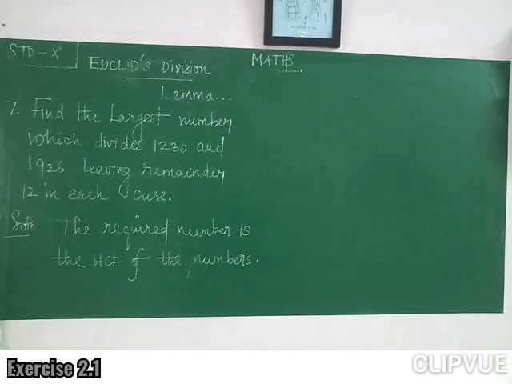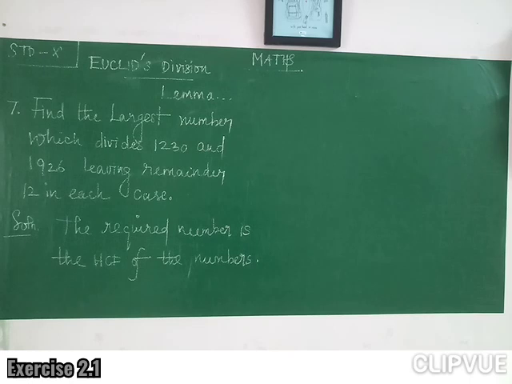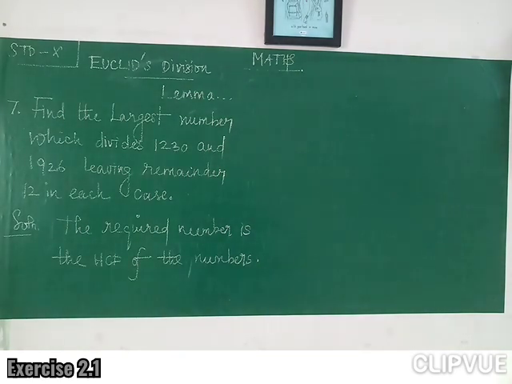Question number 7. Find the largest number which divides 1230 and 1926, leaving remainder 12 in each case. So first I am going to subtract 12 from each number.